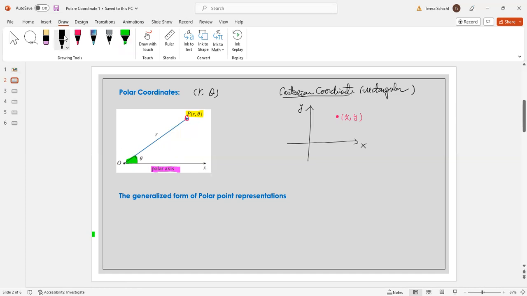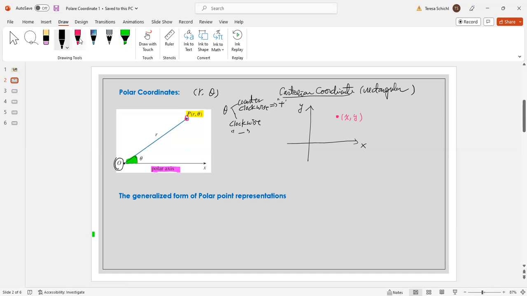If you go counterclockwise, then this angle is positive. If you go clockwise, it's negative. So for theta, if you go counterclockwise, we treat it as a positive angle. If you go clockwise, we treat this angle as negative.